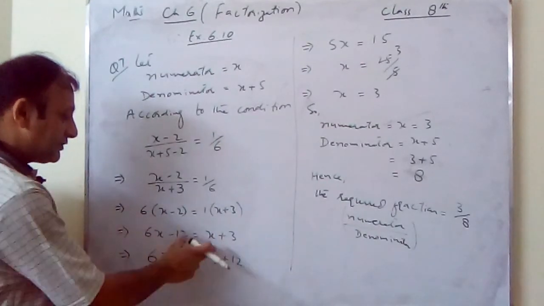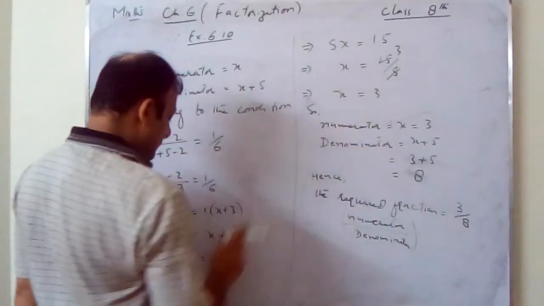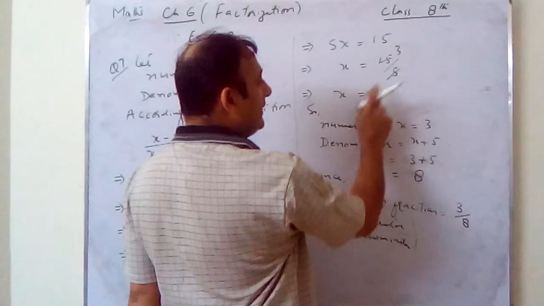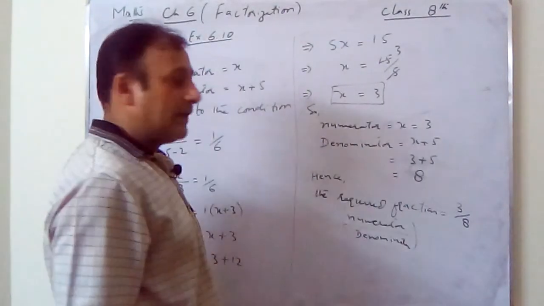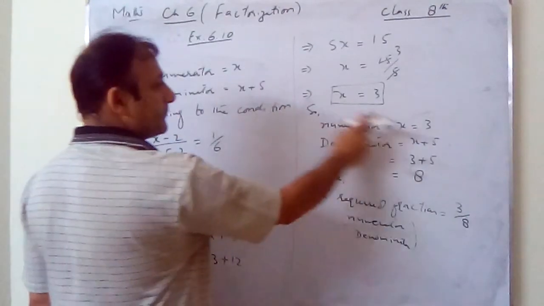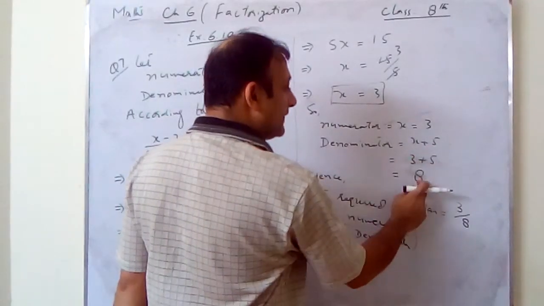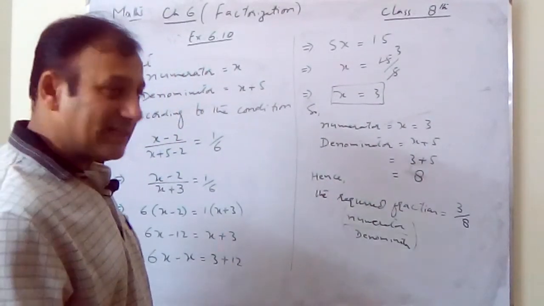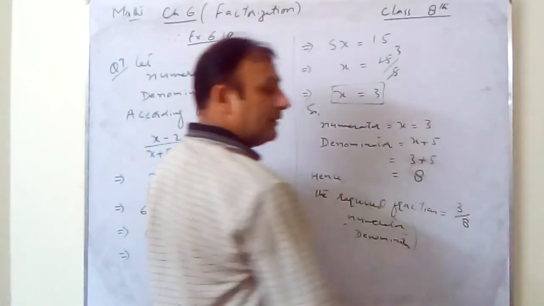Shift the values, combine the like terms: 6x minus x, 5x; 3 plus 12, 15. Dividing by 5, x is equal to 3. Numerator is equal to x, that is 3. Denominator is equal to x plus 5, 3 plus 5, that is 8. And in the question he is asking about the fraction, so the required fraction is numerator divided by denominator.